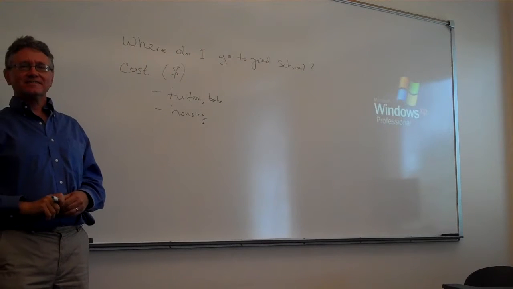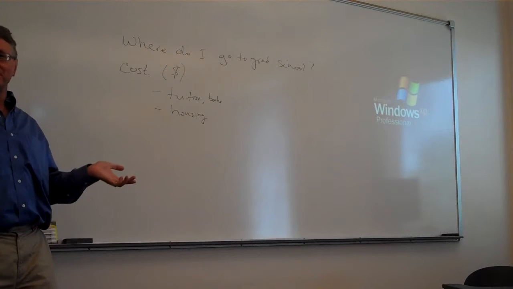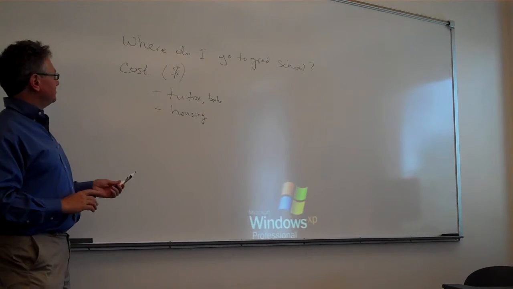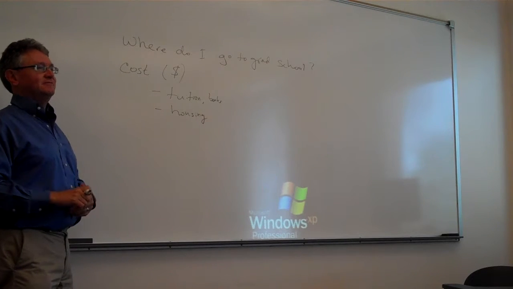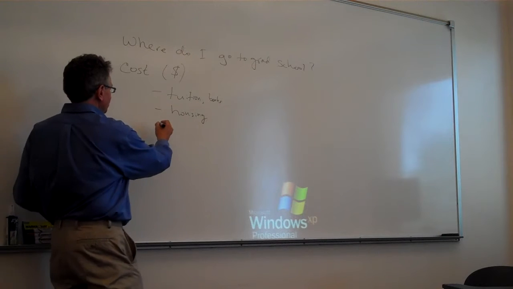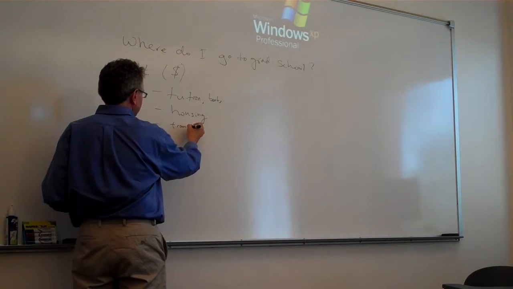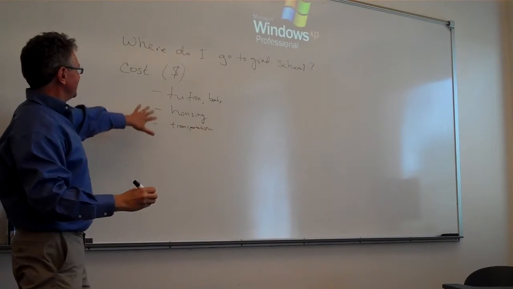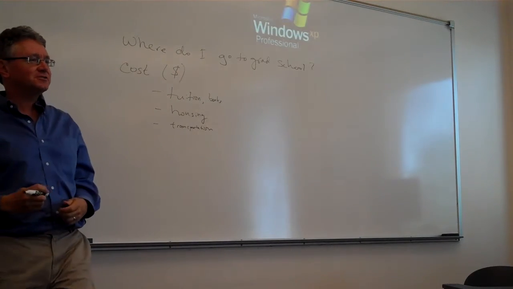You're giving up 5 years. Okay, so that's actually more the question of whether to go to graduate school. Yeah. Okay, so that's good. Another cost for some people is transportation, right? If you're looking at a school, it's a long way from home. Okay, so that's kind of the easy one, right? We can add up all those numbers and get a good sense of what the cost is like.